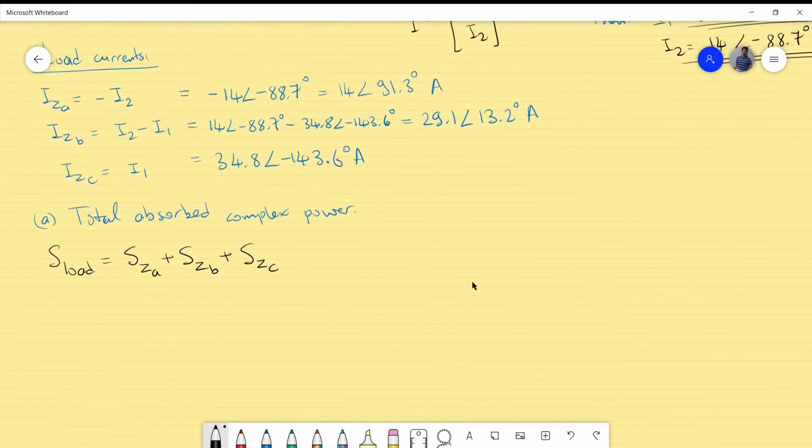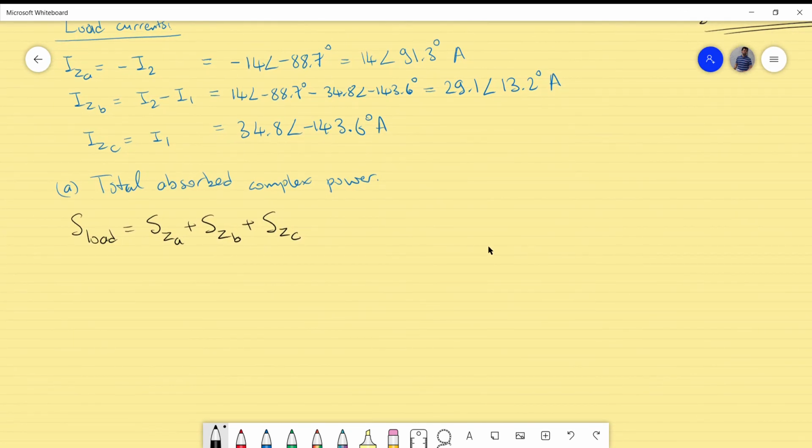What is now the expression for S due to Z of A, which is 1 over 2, so half, times its peak value of the voltage, or you can do it in a different way, because we know already the load current.